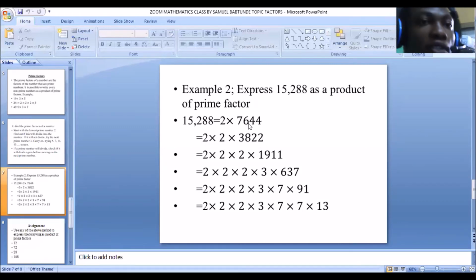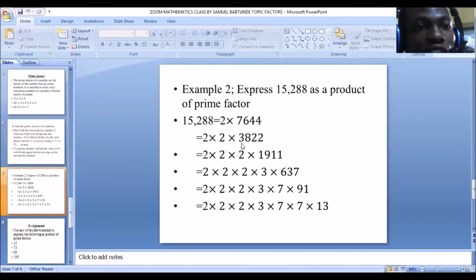But now this 7,644 will reduce because 2 goes into 7,644, 3,822 times. So for me to get this 7,644, I multiply 2 times 3,822. Then this 7,644 multiplied by 2 will give me 15,288.